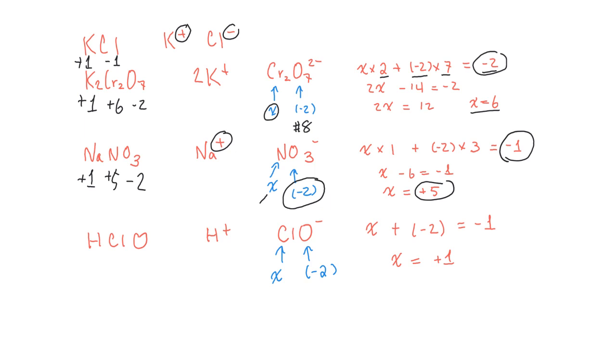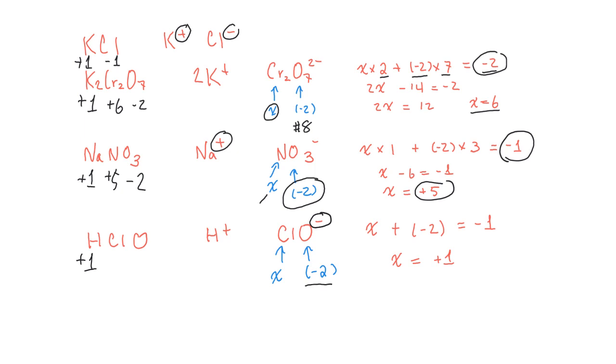The next example is hypochlorous acid, HClO. So we can break it up into H+ and ClO- ion. So the charge of hydrogen will become its oxidation number. So that is +1. Then the hypochlorite anion has a -1 charge. And again, according to rule number 8, the oxidation number of oxygen is -2.